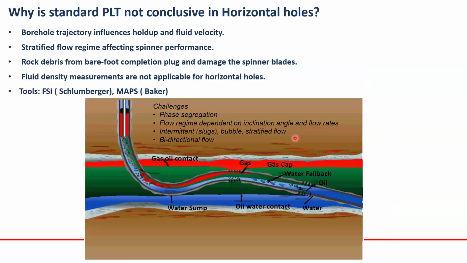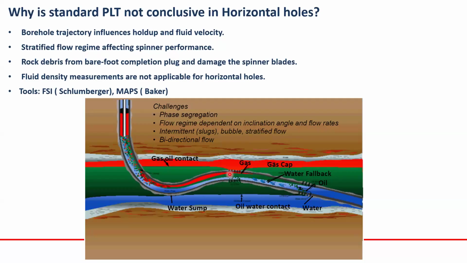Now we have a vertical hole and we have a horizontal hole. Can this tool be used in a horizontal hole? The answer is no. Why? Because the borehole trajectory influences hold up and the fluid velocities. Stratified flow regime affects spinner performance. As you see, this is a cartoon of what a horizontal hole looks like.